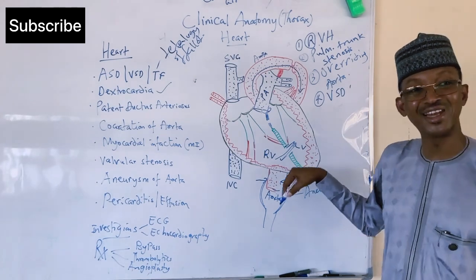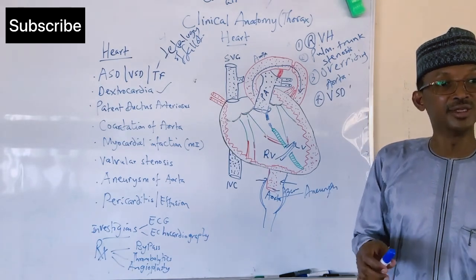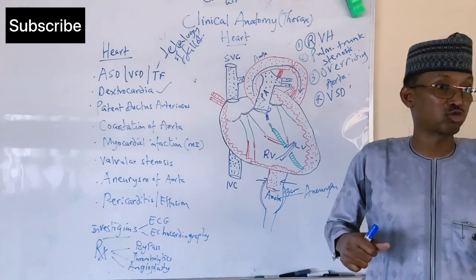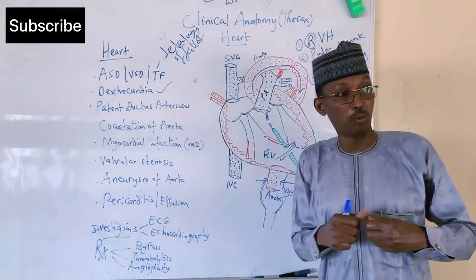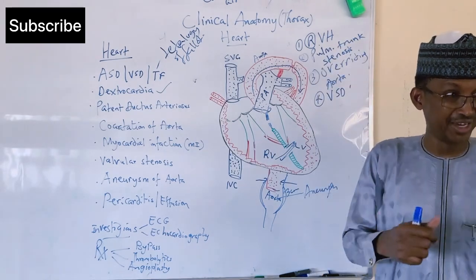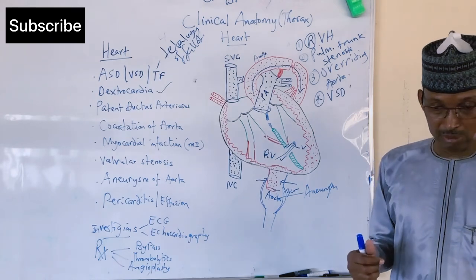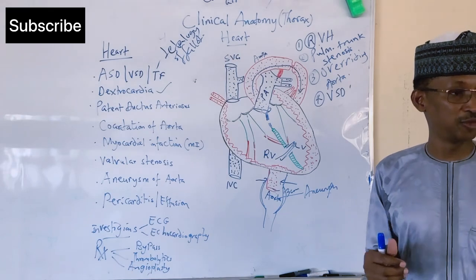That means there is dilatation of the aorta itself. And once it dilates, it may burst just like a balloon. Once the aneurysmal aorta bursts, there will be excessive bleeding at the area where the aneurysm is. So you see that aneurysm is very dangerous.